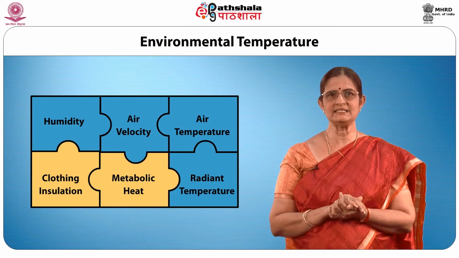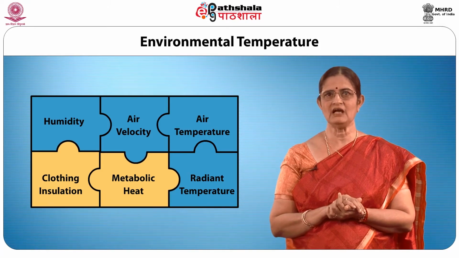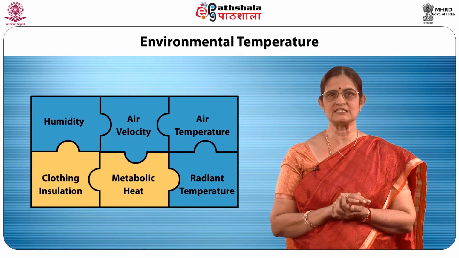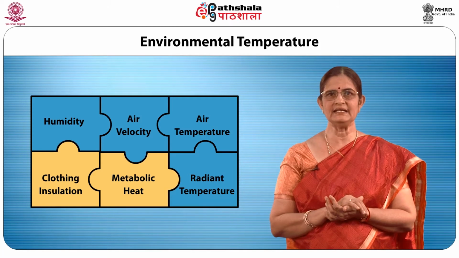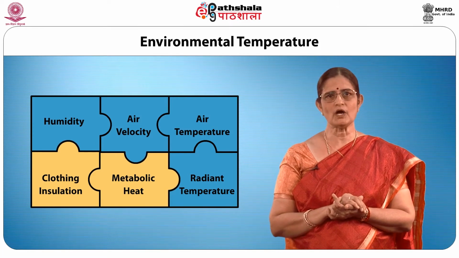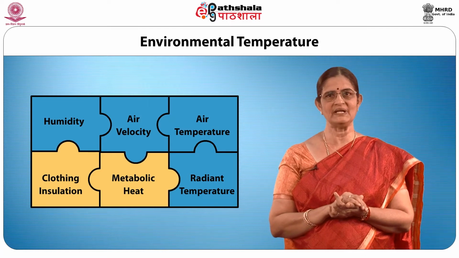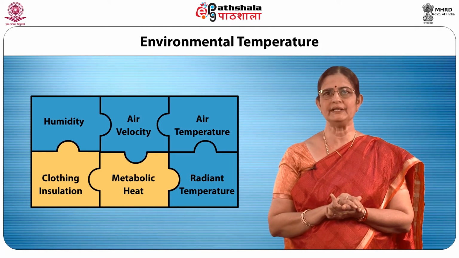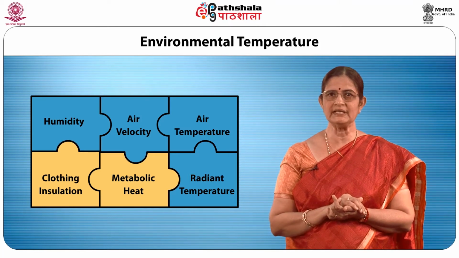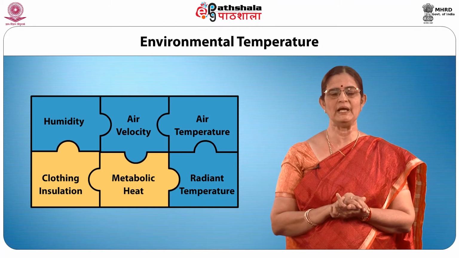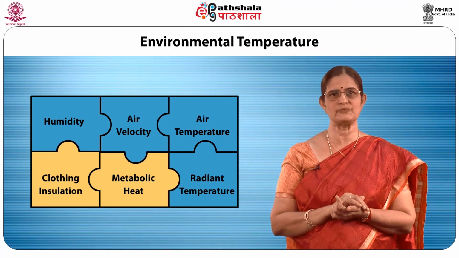A sudden decrease in environmental temperature causes shivering and temporary heat production, with the result that there is an increase in BMR. This adaptive response of the body to lower environmental temperature is called cold induced thermogenesis. The BMR is also increased at temperatures above 30 degrees Celsius due to the energy cost of sweating.